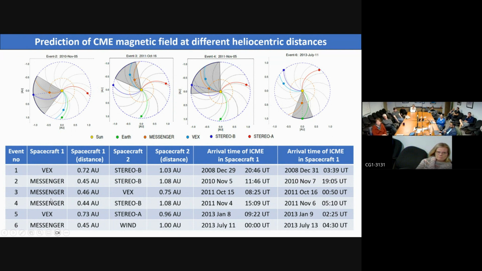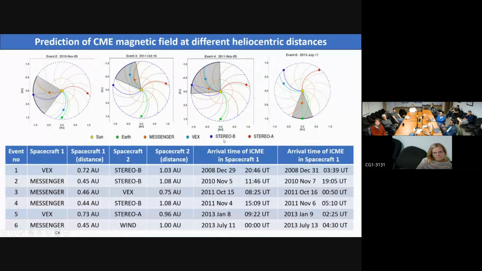So here are the 6 events, where in all these images the ecliptic plane is shown. You can see there are different spacecraft, that includes STEREO, the spacecraft orbiting Mercury, that is MESSENGER, the spacecraft orbiting Venus, that is Venus Express, and STEREO as well.